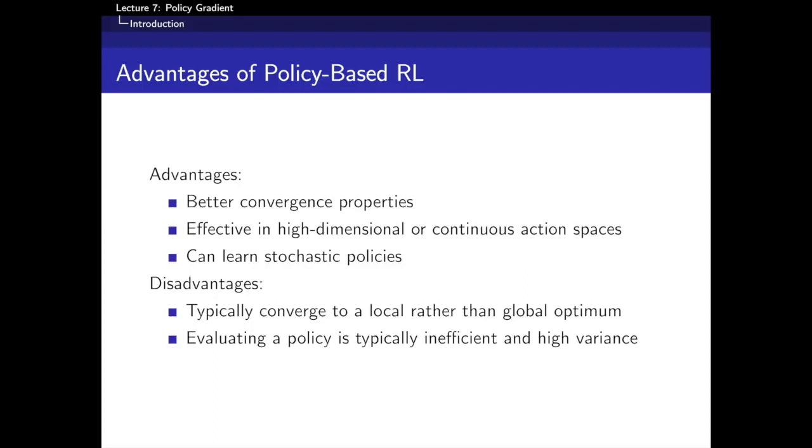Another big one is that these methods are effective in continuous action spaces or high-dimensional action spaces. With a value-based method, you have to work out how to compute the max. And I would say this is probably the number one reason to use policy gradient methods: they circumvent the requirement to have this max. If we're doing something like Q-learning, or indeed something like SARSA, there's always a maximization.